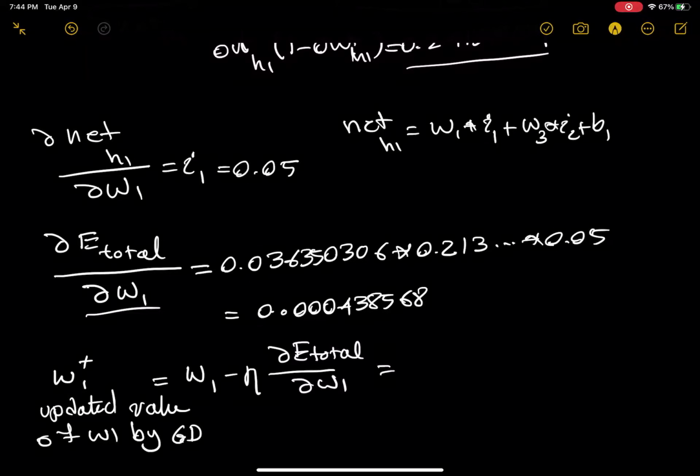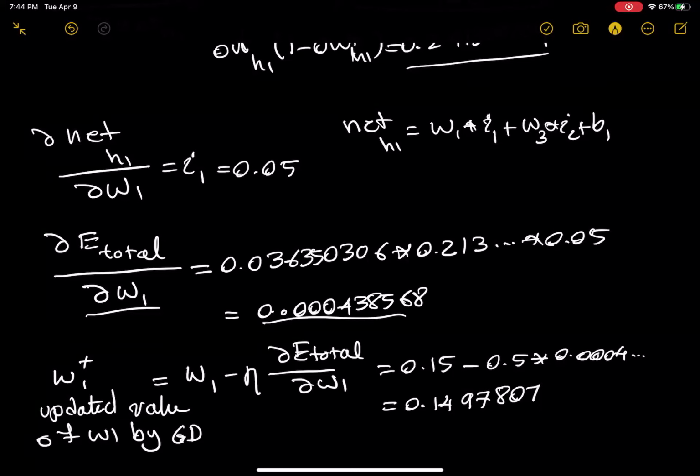We just plug the numbers there: 0.15 previous value minus eta, I just keep it 0.5, multiplied by this small number that I have, 0.00043858, which will give you 0.149780716.